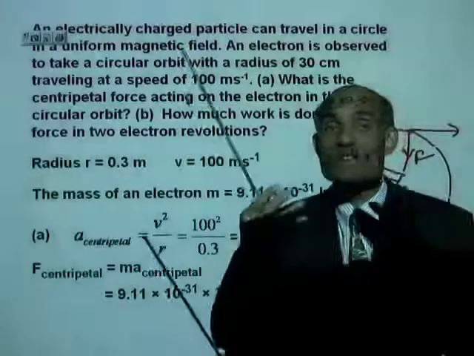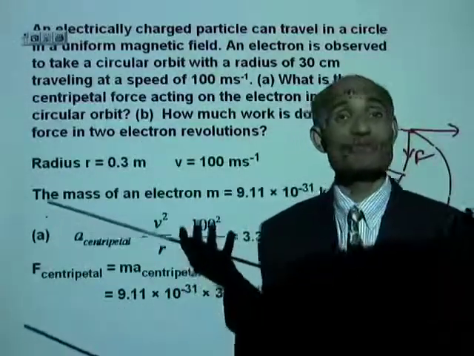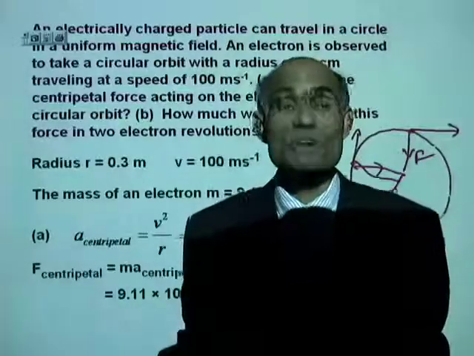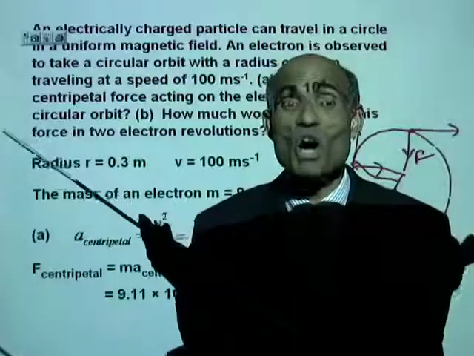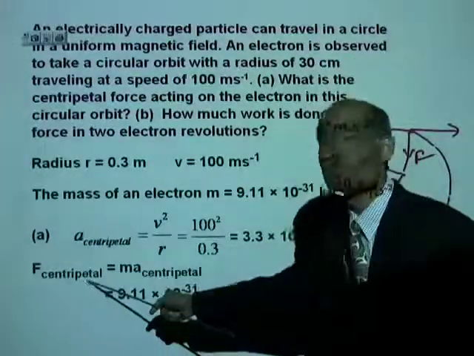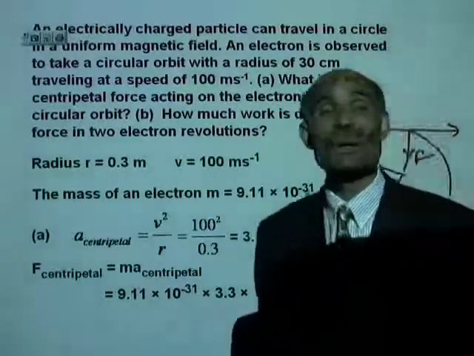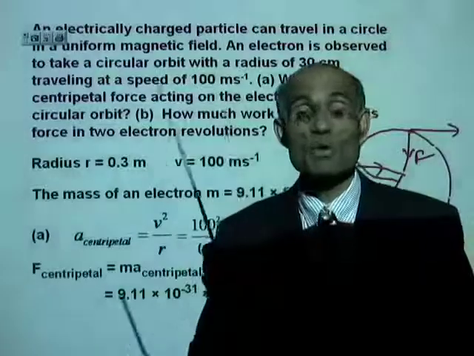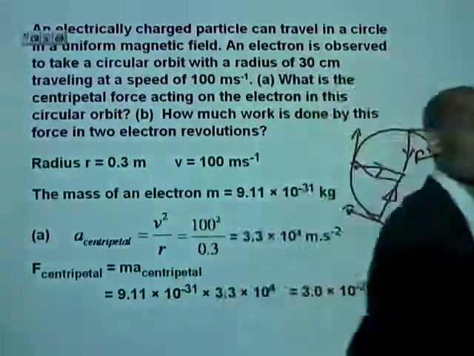That means there is no displacement in the direction of the force. If there is no displacement in the direction of the force, then that force is not doing any work. So the centripetal force is not really doing any work on the electron because there is no displacement produced in the direction of that force.